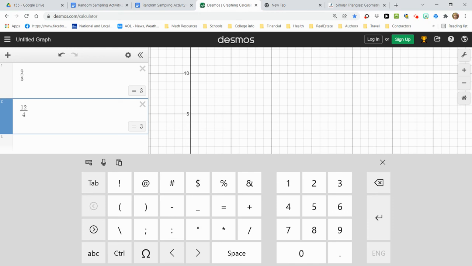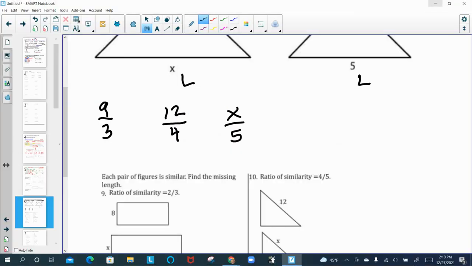So what that tells me is that I really don't need to worry about which one of these I use. I can use either one of them because they both simplify to 3, which is really 3 to 1. I hope that makes sense, because this is really 3 and this is really 3.